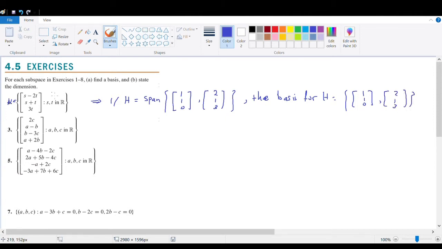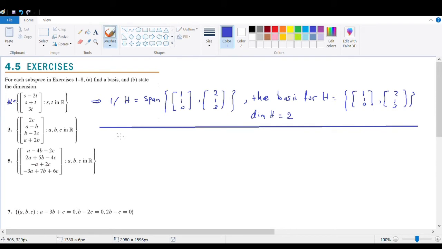And the dimension of H is, since we have two vectors in the basis, dim of H is equal to 2. We'll do the same thing for 3.